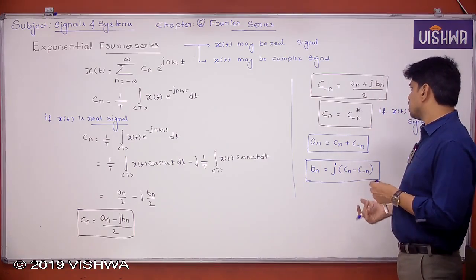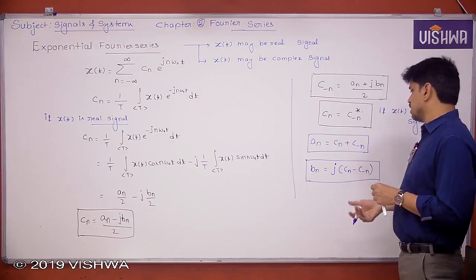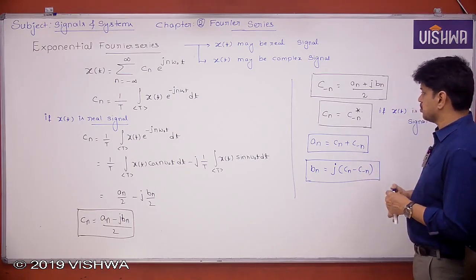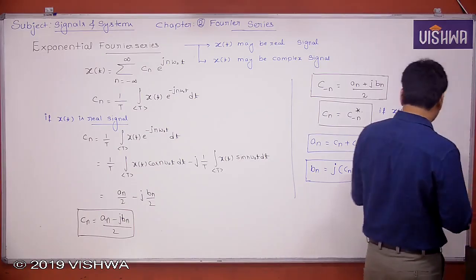So if you know an and bn, you can calculate cn. If you know cn, you can calculate an and bn values also. Clear?